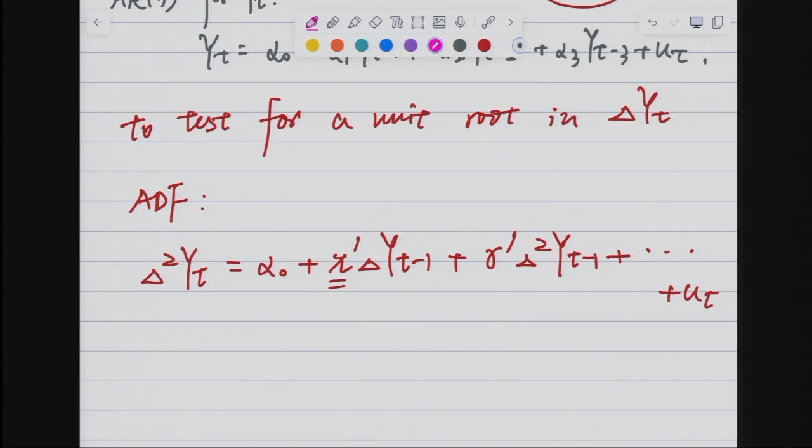One way to easily check which unit root the ADF regression is testing is by looking at the dependent variable and also what is multiplied by the pi on the right-hand side. Here, the dependent variable is the second difference, but the pi is multiplied to the first difference. So it's for testing a unit root in the first difference.